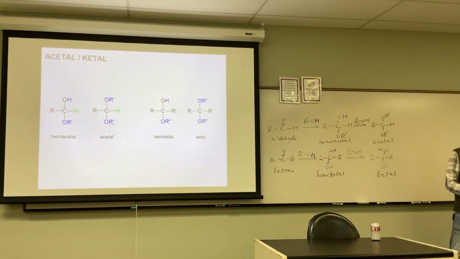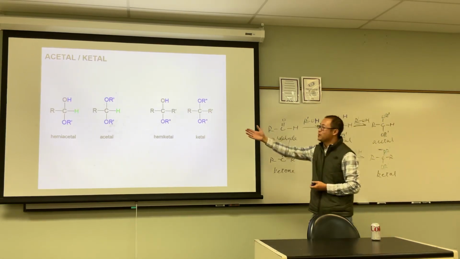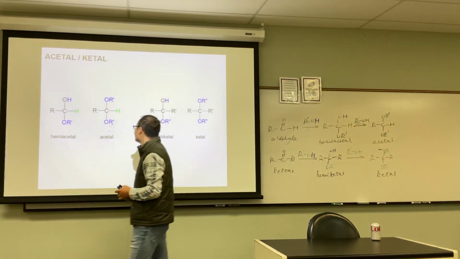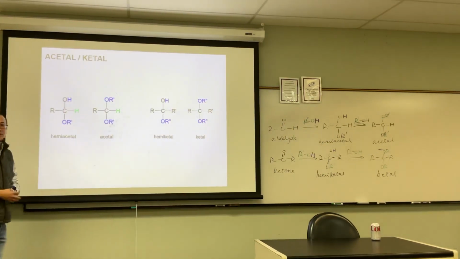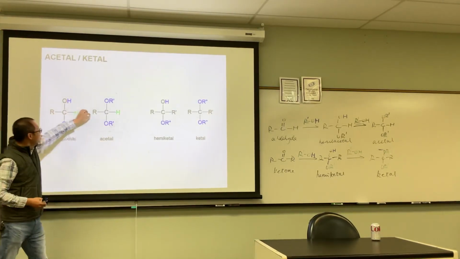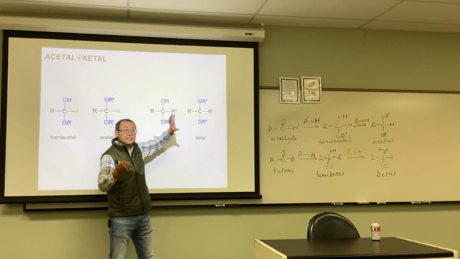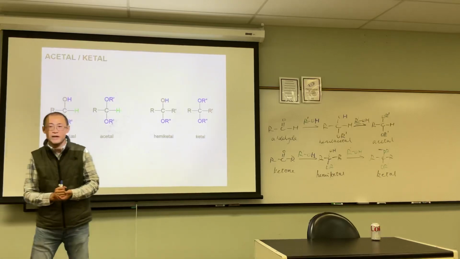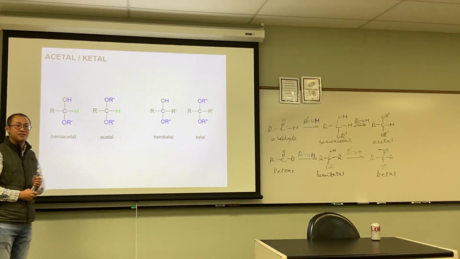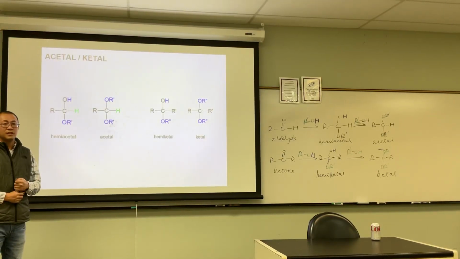Here are the four structures. Take a look. All four again have a carbon with two oxygens single bonded. You guys see that? Again, I said this structure is not common in organic chemistry. You won't see other structures like this. Okay, you can identify them.